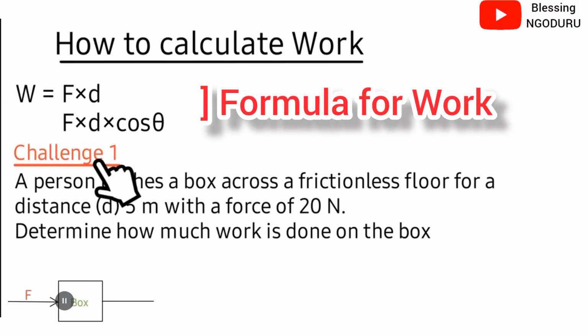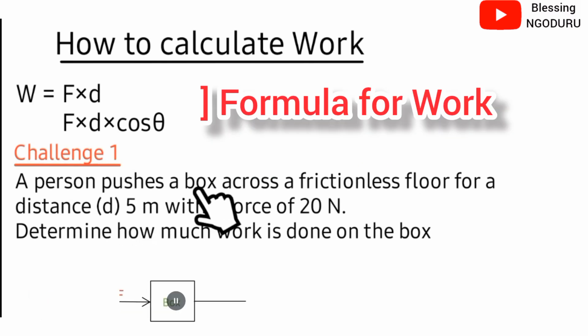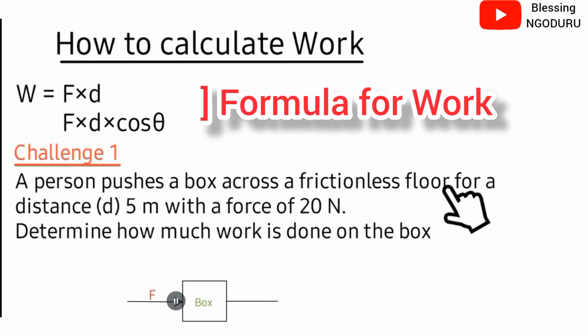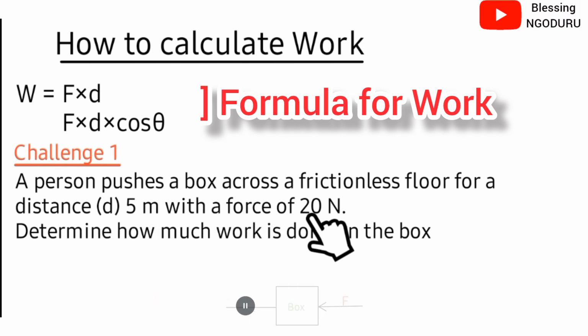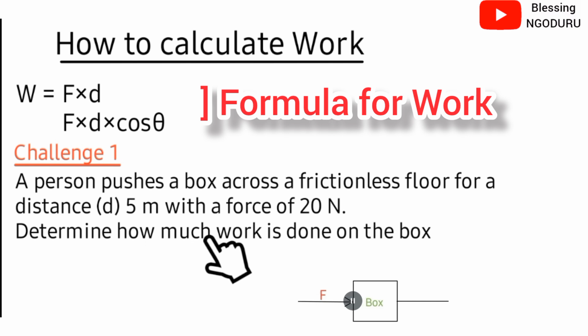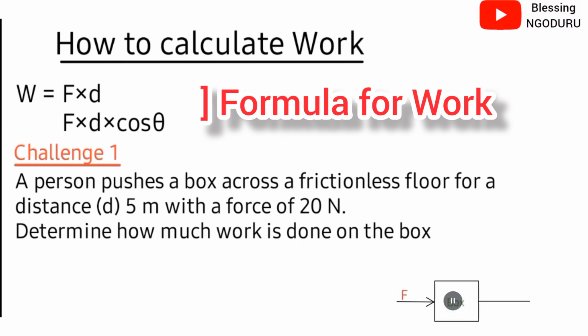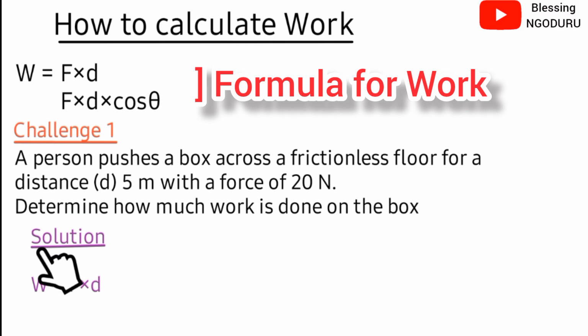Now let's look at the first challenge. A person pushes a bus across a frictionless floor for a distance of 5 meters with a force of 20 Newton. Determine how much work is done on the bus. Now let's itemize the given parameters. We did say work done is the product of force and distance. We could see that the force given is 20 Newton, and then the given distance is 5 meters.